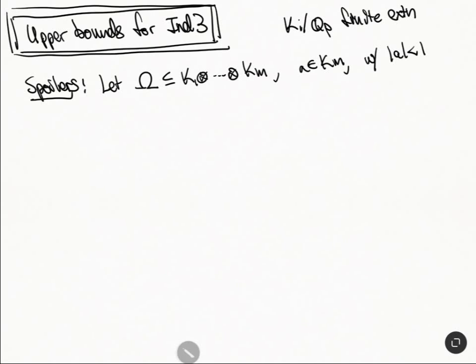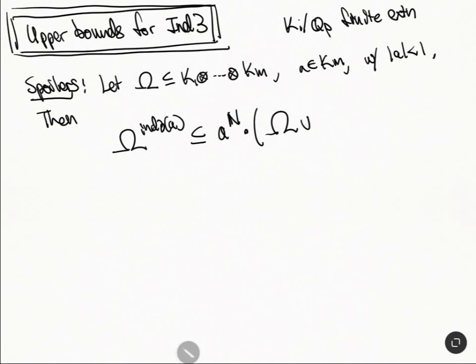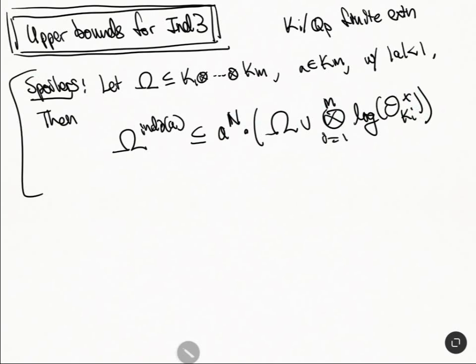Then we have the following inequality: omega Ind3 of A is going to be contained in A to the n, the orbit of omega, union the tensor product for i equal to 1 up to m of log of O_Ki cross. So this is the result that we want to prove.